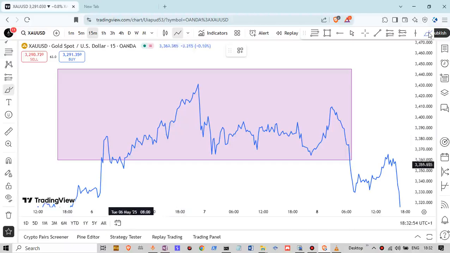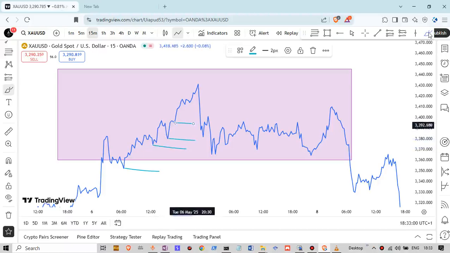First of all, this is a level. This is a level. This is a level, right? This is a level. Isn't that true? These are levels as well. Now look at how price broke it down. You can see how price broke this one downwards. You can see how price broke this one downwards and broke this guy downwards.